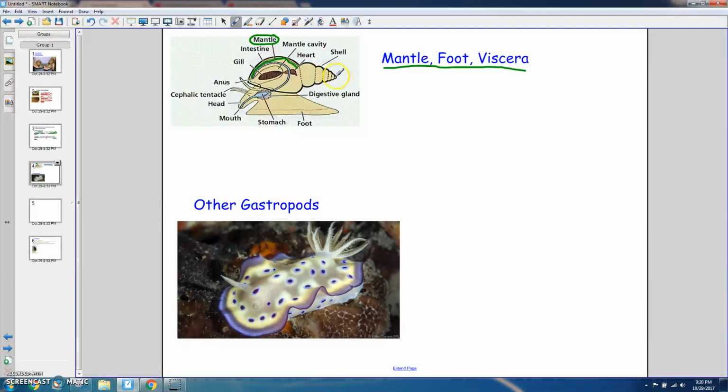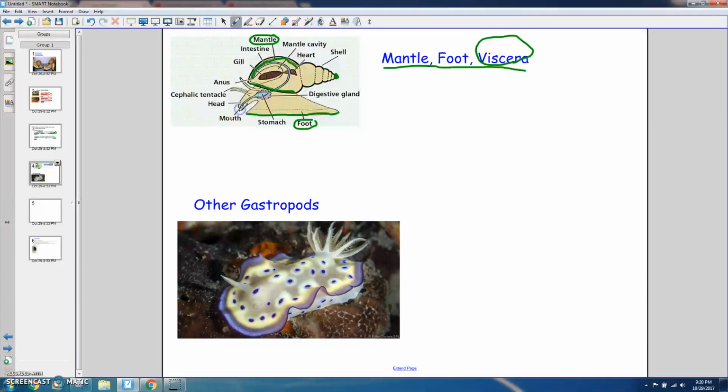So as a snail grows, this part here is the oldest part, whereas this part at the edge is the newer part, or the younger part. They also have a muscular foot, as you can see here, and this will be definitely evident when we see them live in class. And then the viscera would include all of the organs that are labeled in this picture.